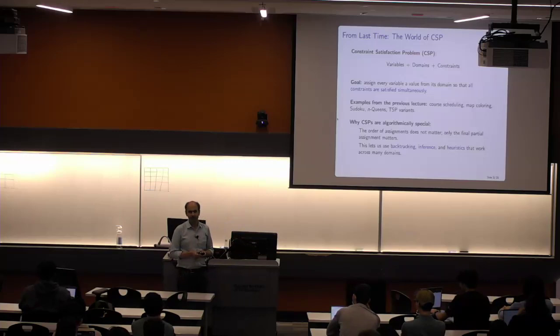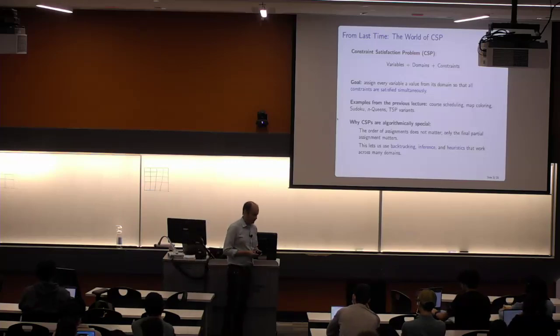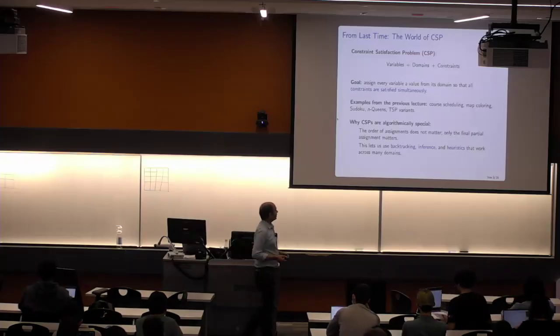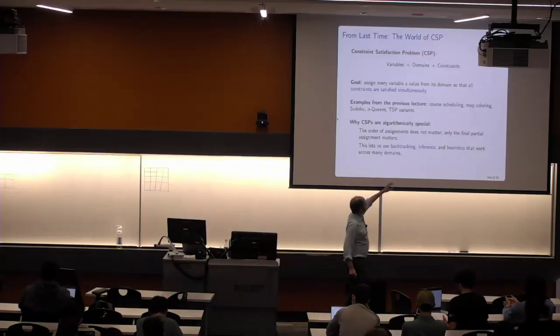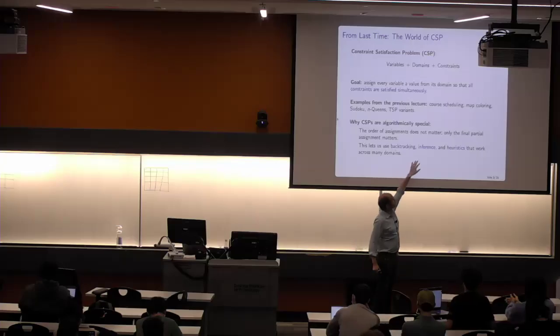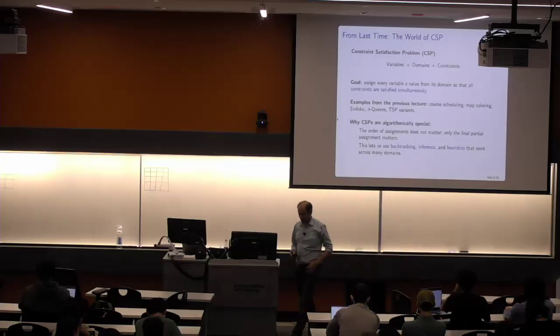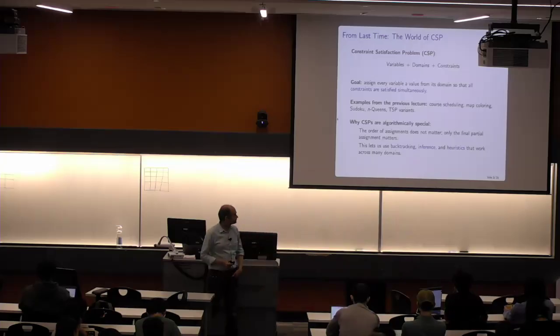Your homework assignment this week, you are hopefully exploring uses of this tool, AI CPOR tools. And we started looking at this algorithm called backtracking. We got some ideas about inference. We are going to go into more detail and a little bit about some heuristics that make these tools really work.